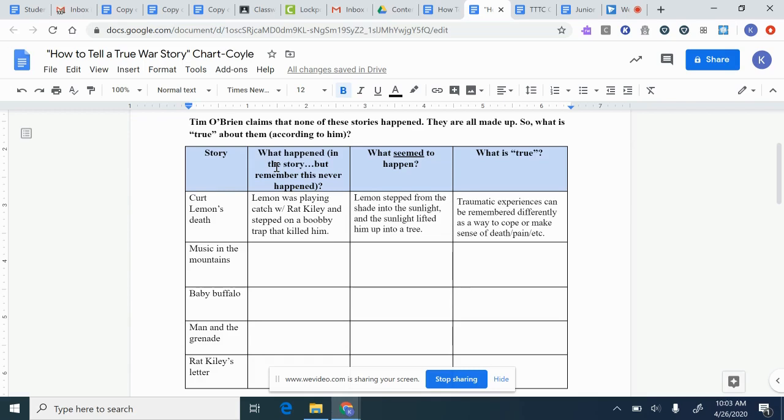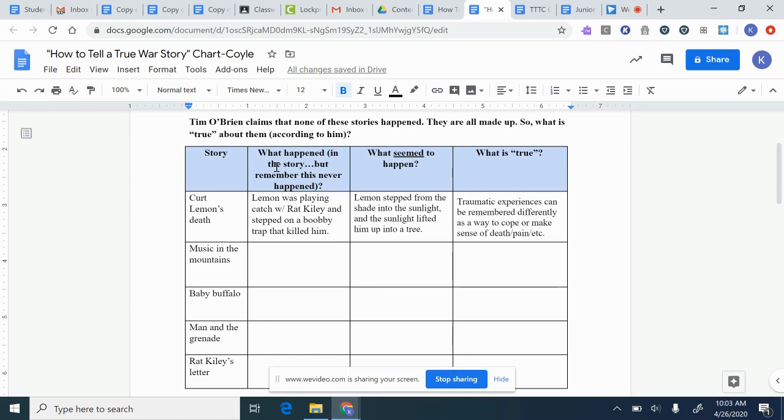What's actually happening is his body is blown to bits by this booby trap that he steps on, and it's his body parts that have been thrown up into the tree. And so it's not that it's not true, but it's not a fact. It's the way that the narrator who experienced this traumatic event understands the story, as to what seemed to happen from his vantage point.